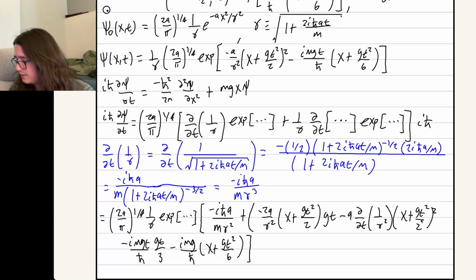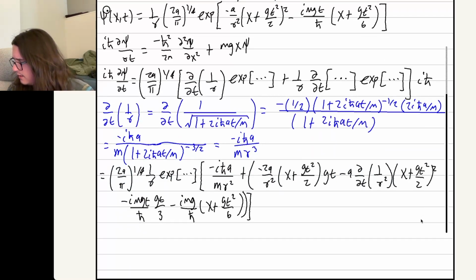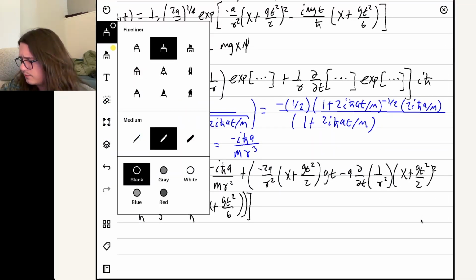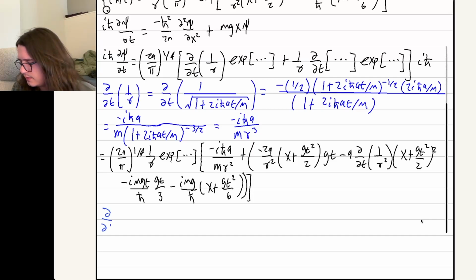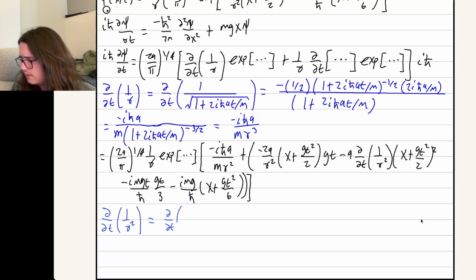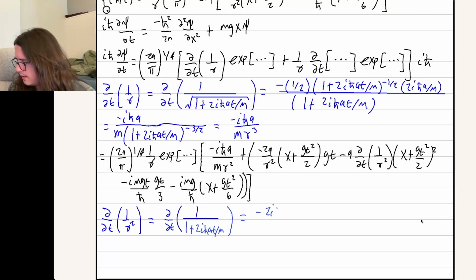And so we're going to need to take another detour and get the time derivative of 1 over gamma squared first. So that is looking like the time derivative of 1 over just 1 plus 2 i h bar a t over m, which is minus 2 i h bar a over m over (1 plus 2 i h bar a t over m) to the second.